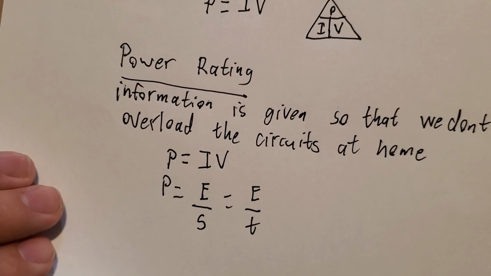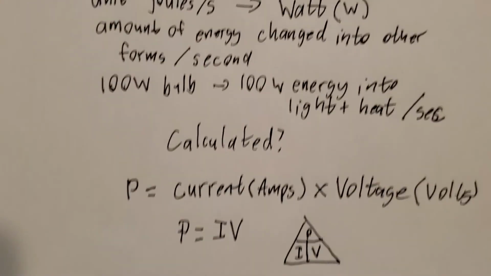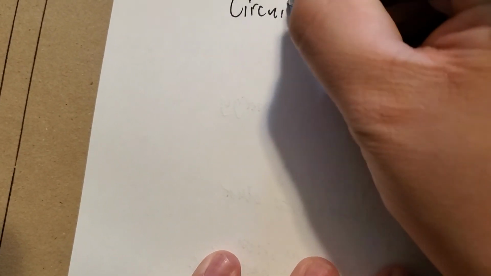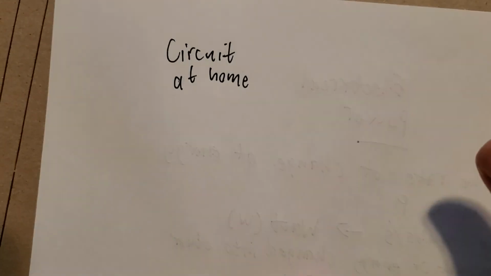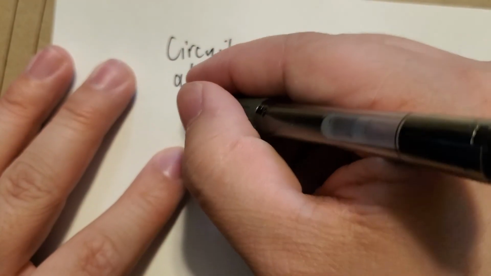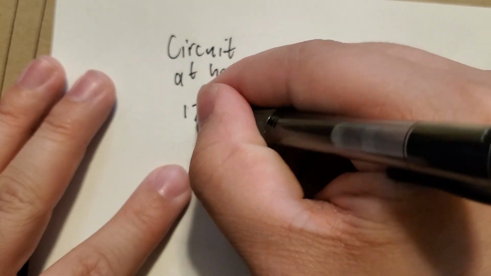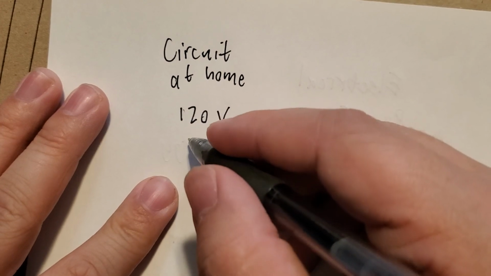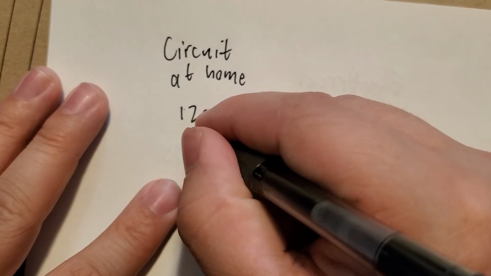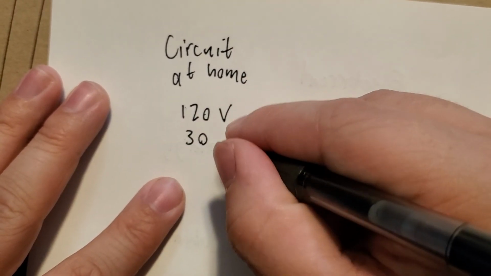So what does that actually look like? Let's do some calculations here, some practice questions. For example, if I have a circuit at home, and it draws 120 volts, and I have maybe 30 amps.